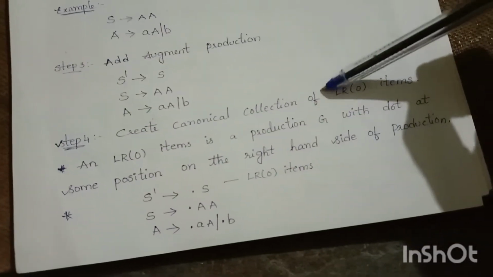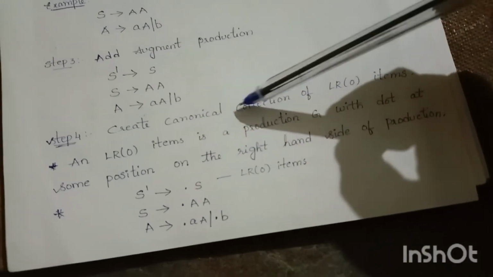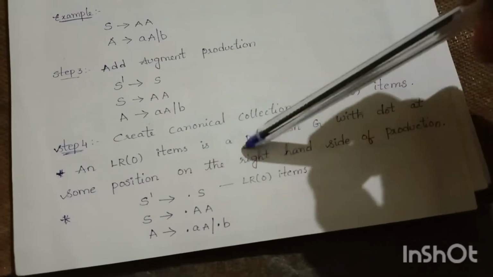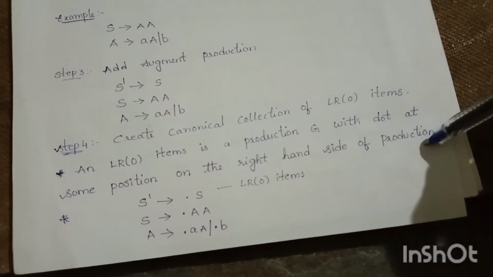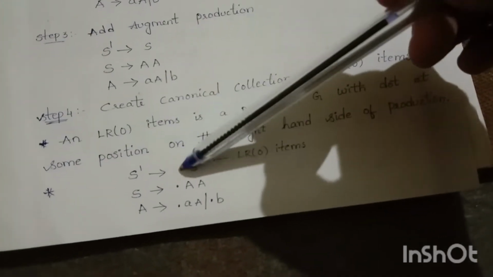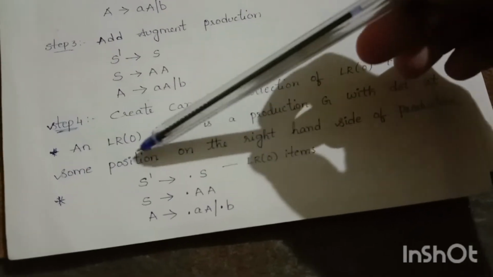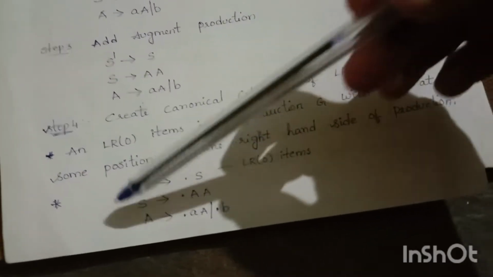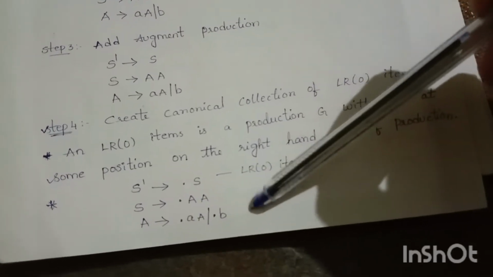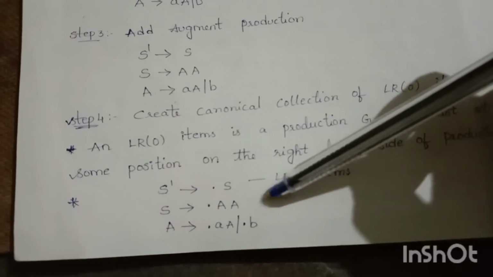Next step is to create the canonical collection of LR0 items. An LR0 item is a production of G with a dot at some position on the right hand side of the production. So S dash tends to dot S, S tends to dot AA, A tends to dot AA or dot B. This is called the LR0 items.